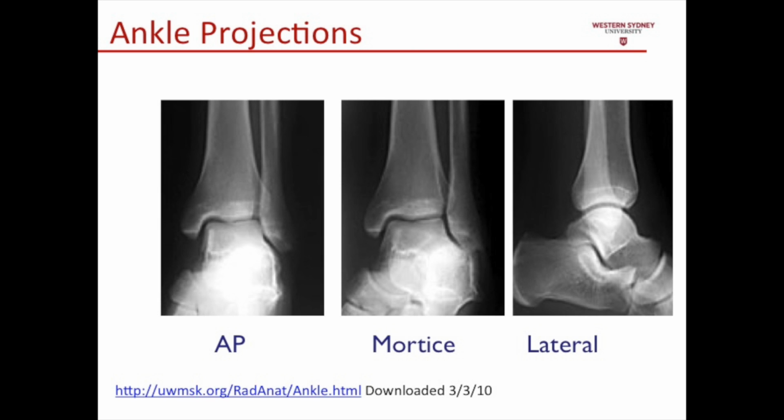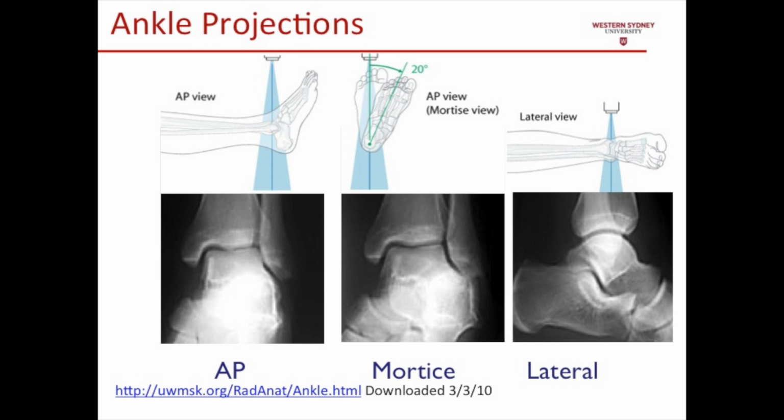So this slide summarises the most common projections that would be used to visualise the ankle. We have an anterior-posterior projection, a mortise and a lateral. In this slide, not only can we see the ultimate view that in terms of the image that we would ascertain, but this shows how the projection would be undertaken.